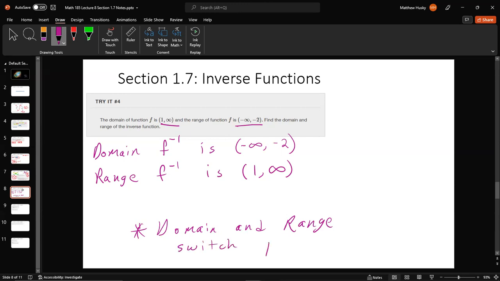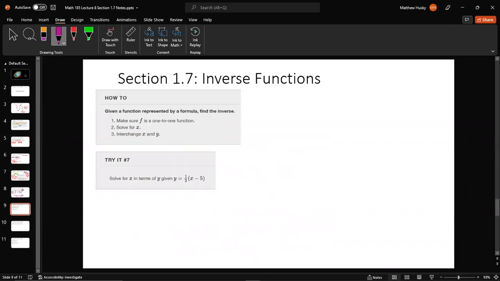In very, very simple terms, that's what's happening. Next up, what we have, given a function with a formula, how to find the inverse.